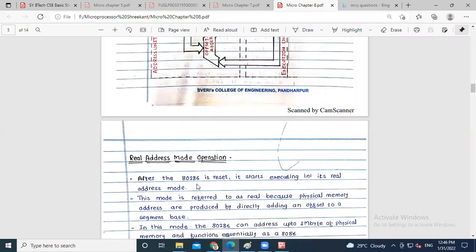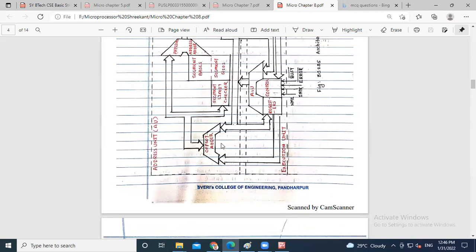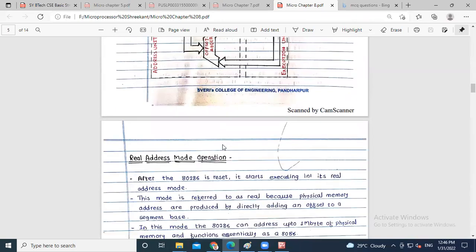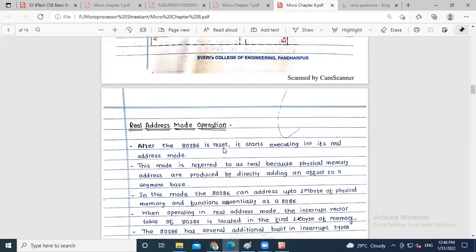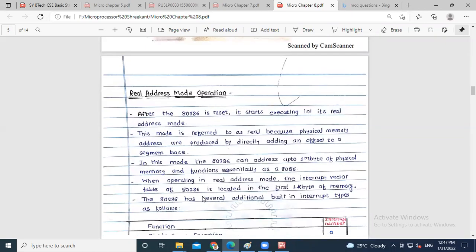Now the real address mode operations of the 80286. After the 80286 is reset, it starts executing in its real address mode. This mode is referred to as real because the physical memory addresses are produced by directly adding an offset to a segment base. This point is very important.